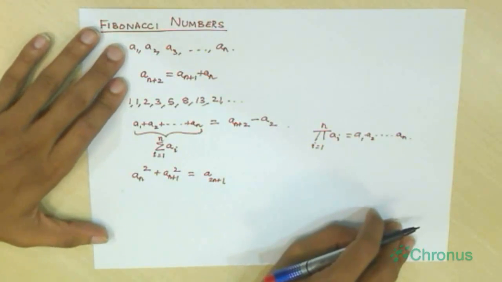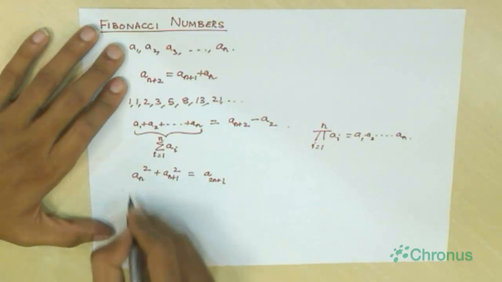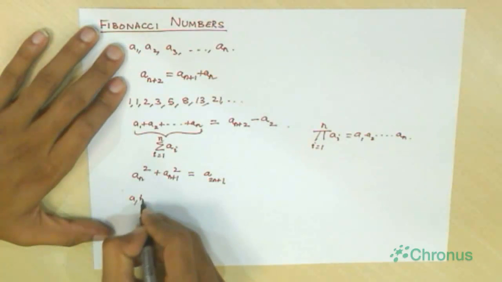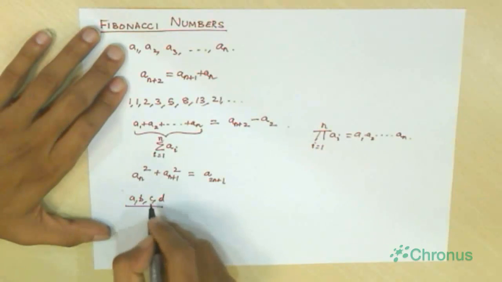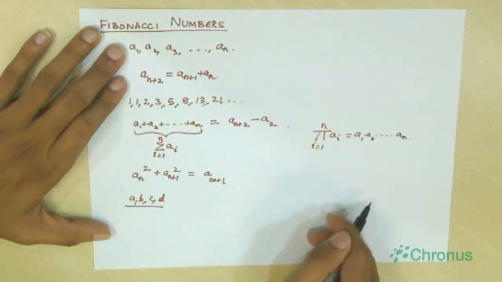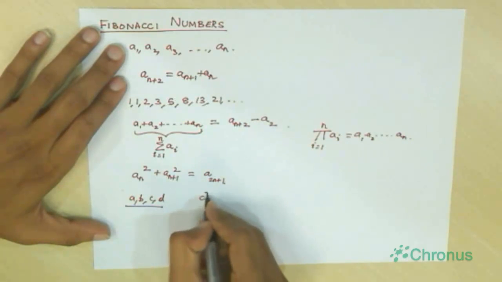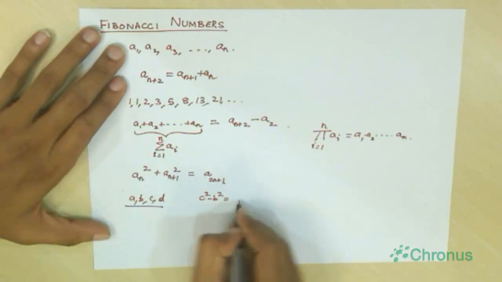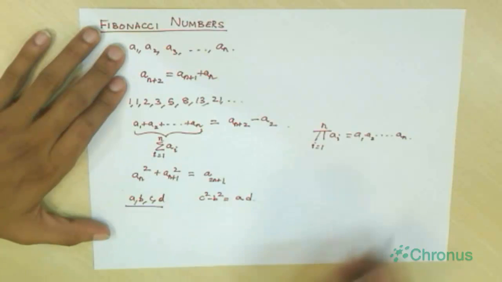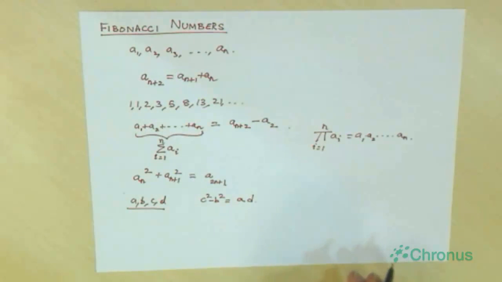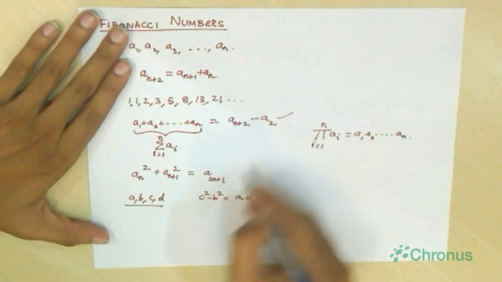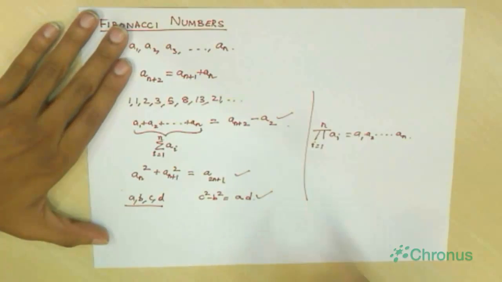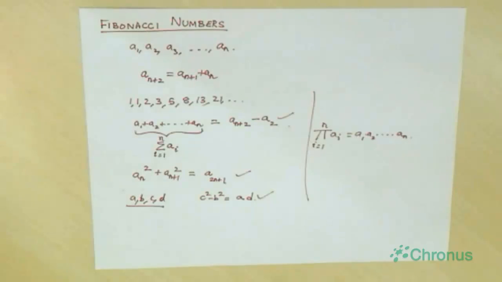And another interesting fact is, let us say we have 4 consecutive Fibonacci numbers A, B, C, and D. Given that these 4 are consecutive terms of a Fibonacci sequence, then we have C square minus B square is nothing but A into D. And if you have enthusiasm, I suggest you prove these 3 things as an exercise.